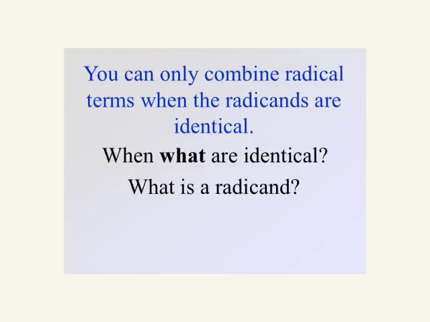Now, just like with like terms, we can only combine like terms if they have the same variable. For example, 3x plus 2y, that can't be simplified because they don't have the same variable. Well, just like with like terms, with like radicals, you can only combine them when the radicands are identical.